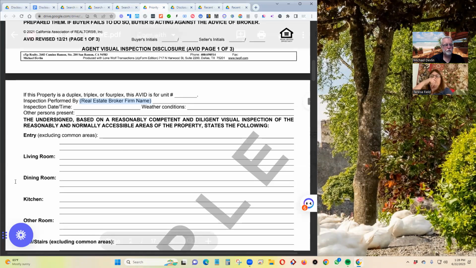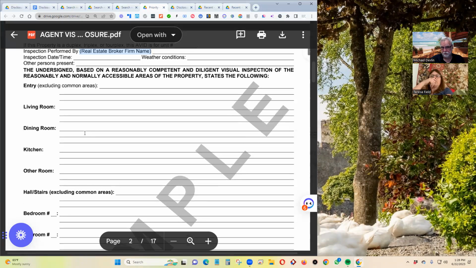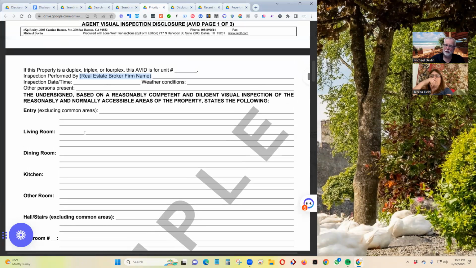Entry, including common areas. Sometimes we disclose if you're walking to the property and there's uneven steps, the concrete is uneven going into the front door. I'll take a picture of it, and I would note that.